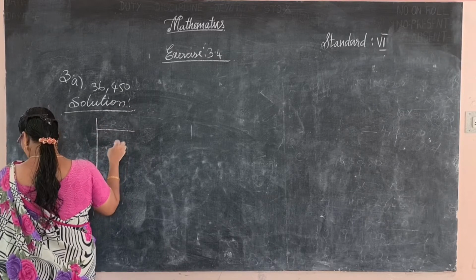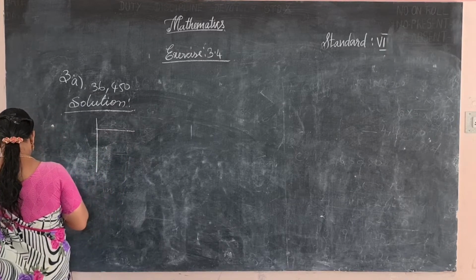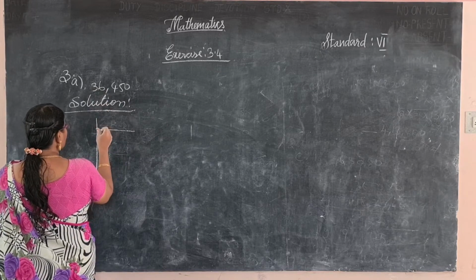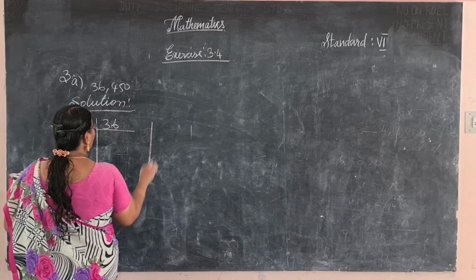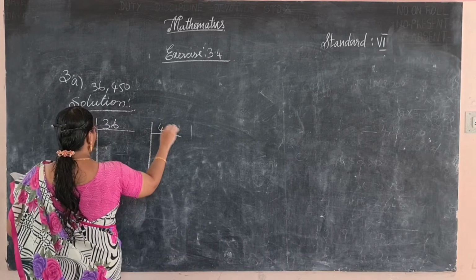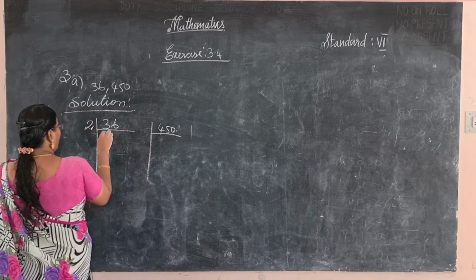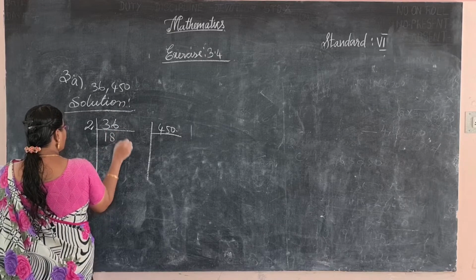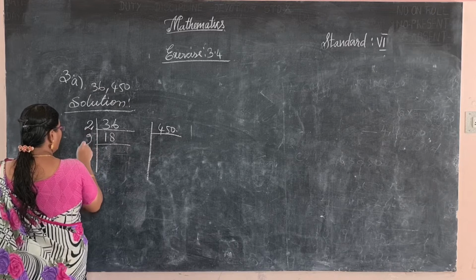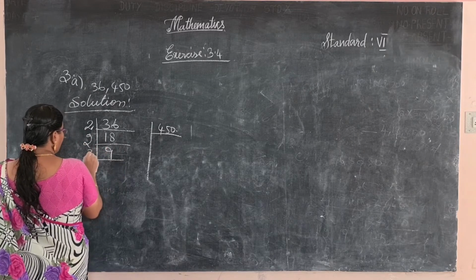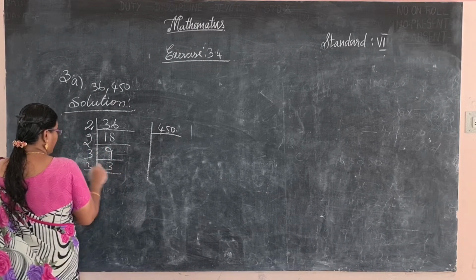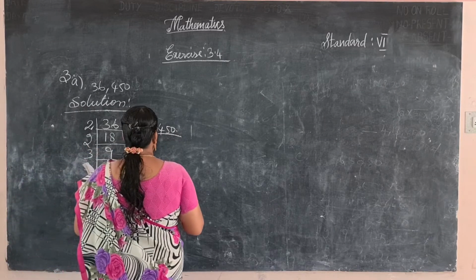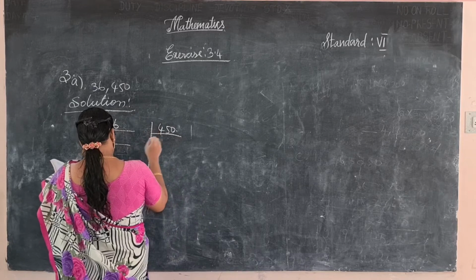First, using the prime factorization method, find the factors of 36. And then 450. How many times? 2 table: 2 ones are 2, 2 eights are 16. Again 2 table, 9, 3, 3, 1. And then 5 table.